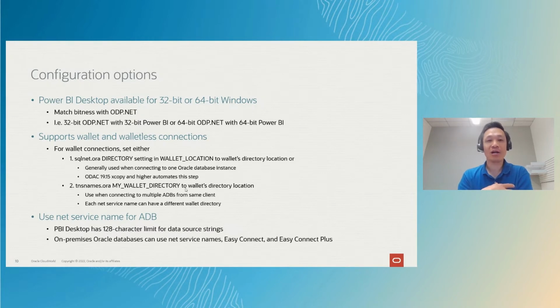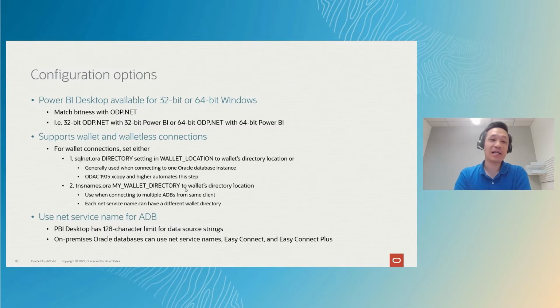And that way, you can have that single tnsnames.ora file point to many different wallets, and for each connection point, you just have the wallet directory set for each net service name, and then you're basically done, and you can have as many connectivity options to autonomous database as you want from that single machine.